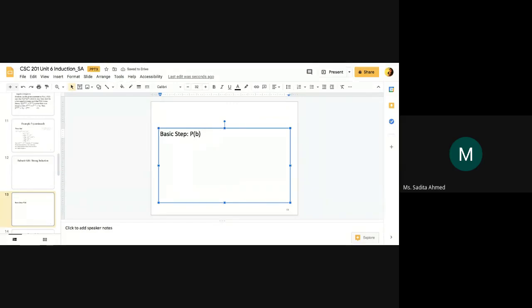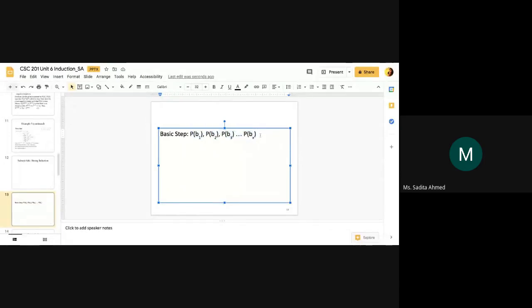P(B1), then let's say P(B2), P(B3), and so on until some point, let's say P(Bx), as per the requirement of your proof. However many base cases we need to show for the proof, we'll do that.